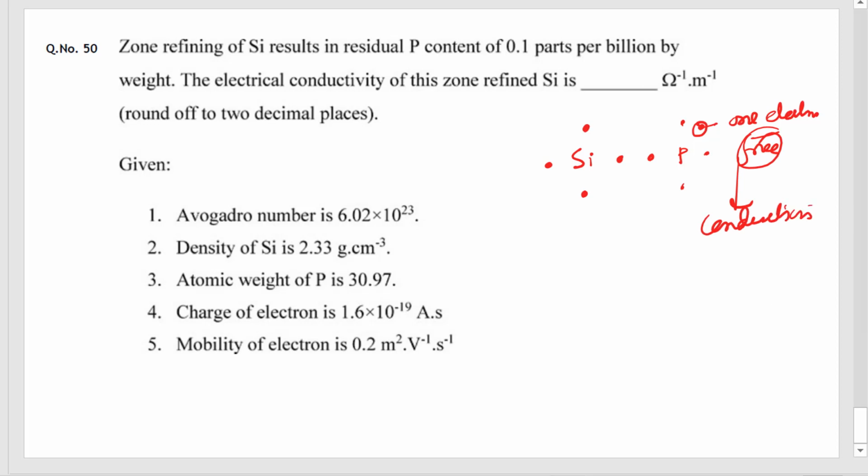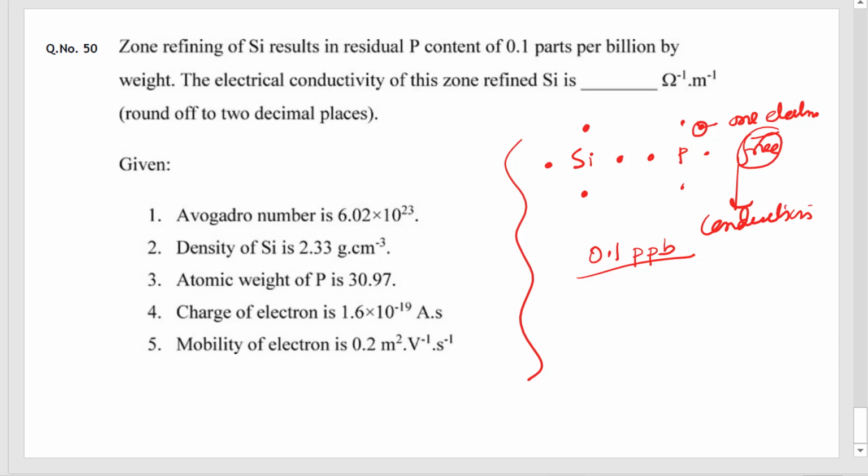So it becomes more conducting. And here in the case of this alloy, the concentration of phosphorus is 0.1 parts per billion. Okay, so we will use this concept later on.